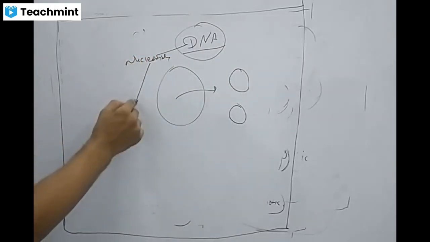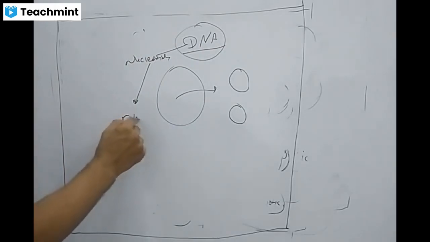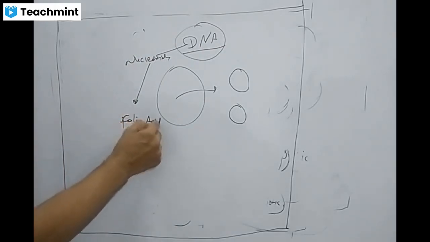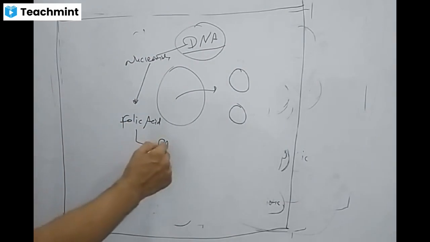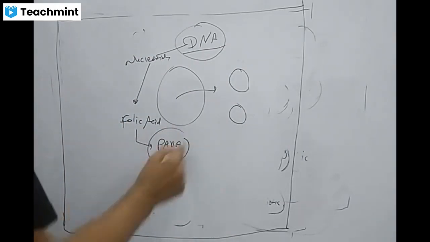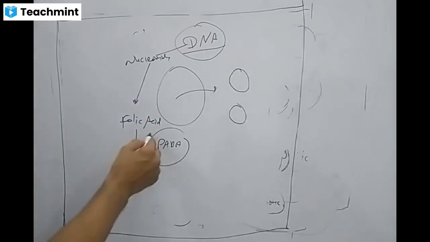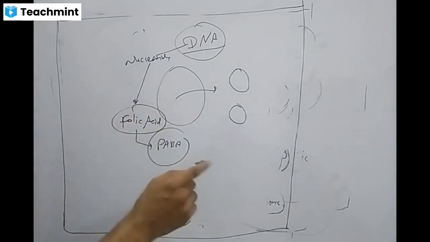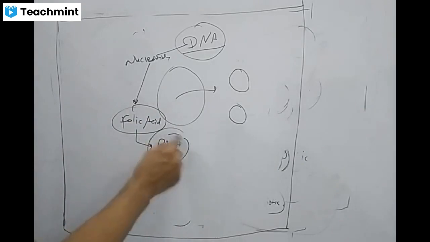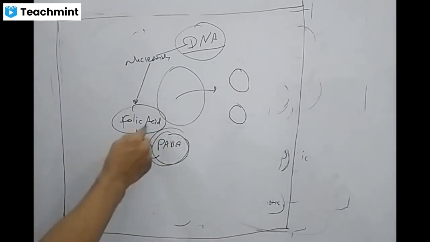Nucleotide precursors are formed by some molecules like folic acid or para-aminobenzoic acid. So bacteria have one mechanism to synthesize folic acid, and the pathway is from para-aminobenzoic acid to folic acid.